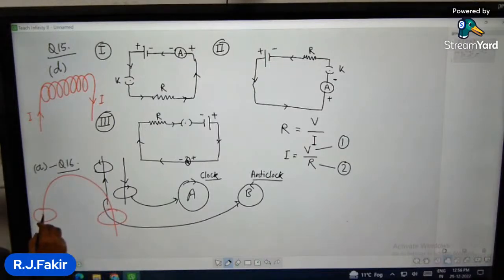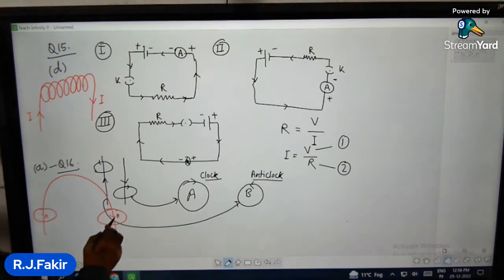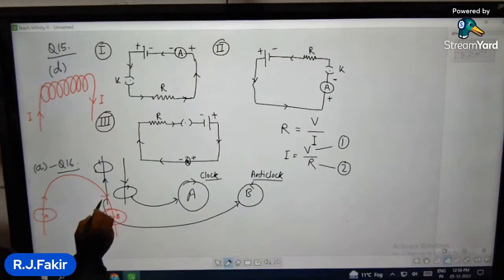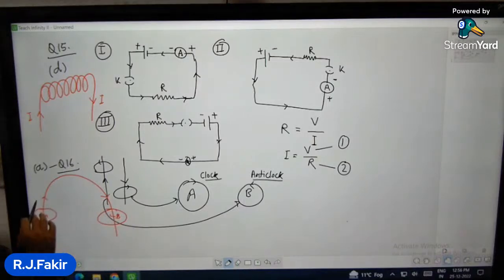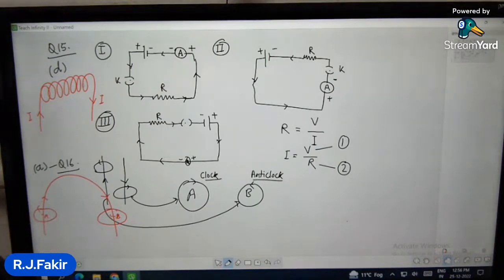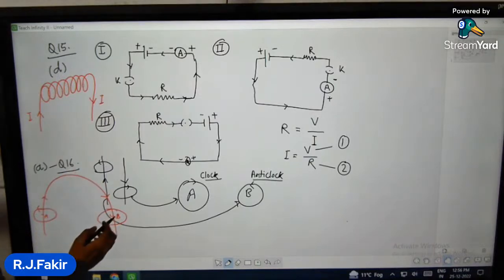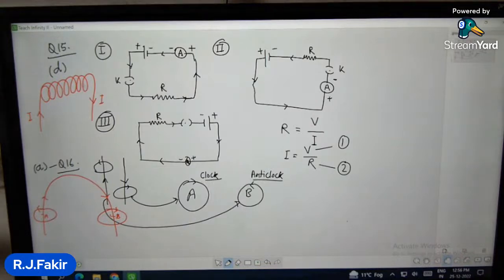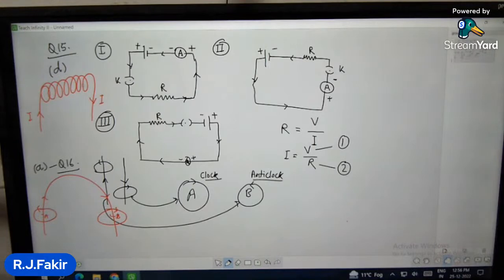Then they have taken 2 points here, like A, this is B, and the current is flowing like this. So what will happen in this case? The current is going this side, so the magnetic field will be in this direction, but when the current comes back downward, the direction of the magnetic field lines will change. So these kinds of situations you always have to remember, specifically when you are answering questions related to magnetic induction.